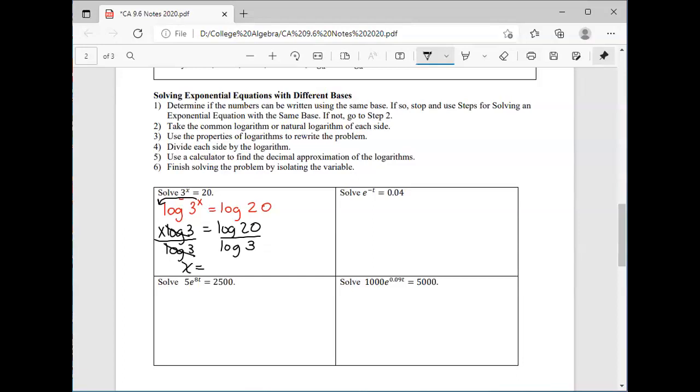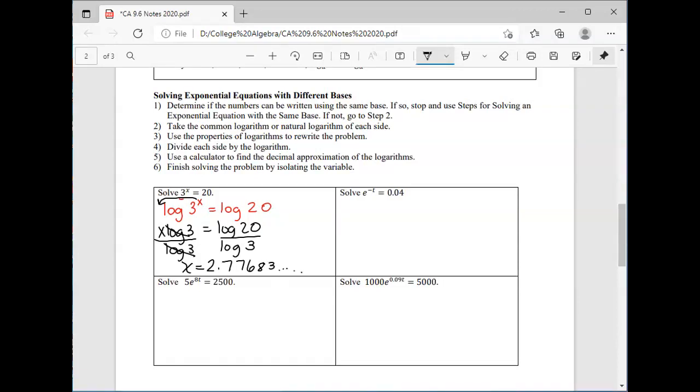And on this side, you would use your calculator, and you can just use the first row and do the log of 20. That log will work. You don't have to type in the base of 10 because it's assumed. So the log of 20 divided by the log of 3. And I am getting 2.72683, and it keeps going.